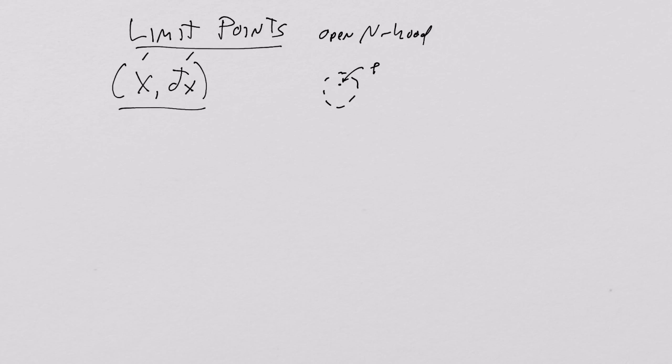Now, one of the things you can prove about open sets in general is that open sets are neighborhoods of all of their points. Every point contained in an open set, that open set is a neighborhood of all those points. There are no special points.